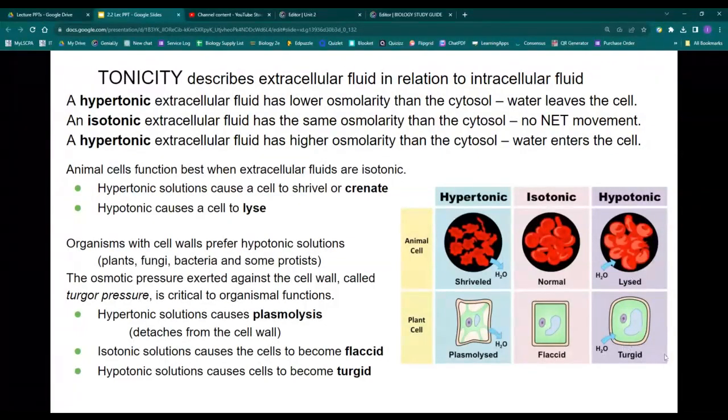This is great for plants because they become turgid or stiff. Okay, so hypertonic means that the cells are going to shrink because the water leaves the cell. Isotonic means that the water is going to leave and enter the cell at the same rate, and hypotonic means that the water is going to enter into the cell.